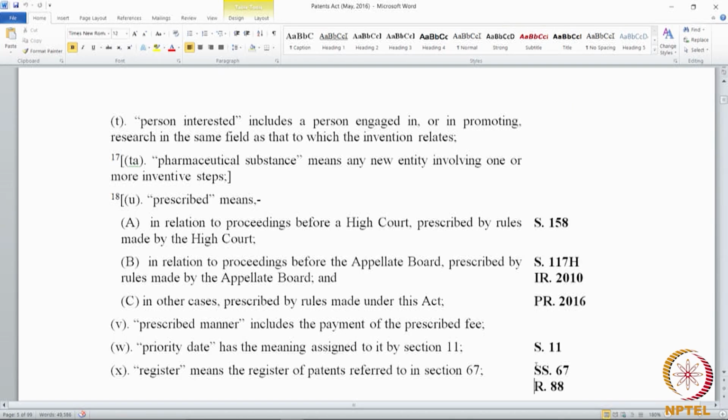If it happens before the High Court, it will be the rules of that particular High Court. High Courts do have different rules. If it is the Appellate Board, it could be the Appellate Board rules 2010 and 2011, which we had seen, or if it is any other prescription, then it will be the rules prescribed under the Patent Rules 2003.